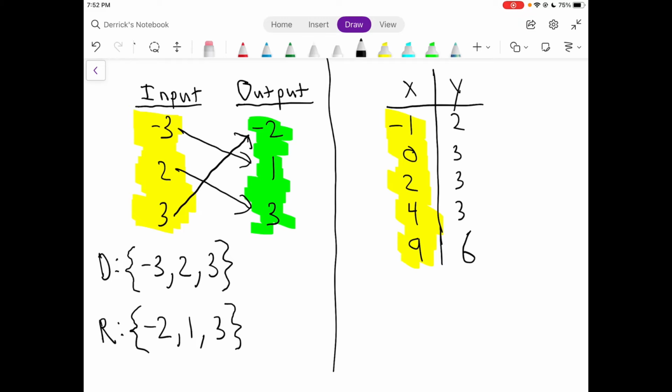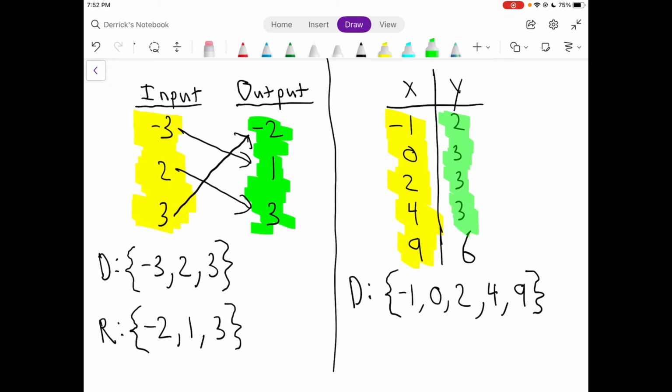So while our list is going to be a little longer, it is still simply going to be a list. So once again, we would use set builder notation, and we would just list out -1, 0, 2, 4, and 9 for our domain. Our range then, being the outputs, would be the y's.